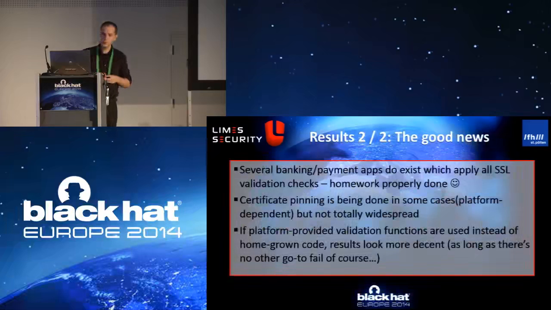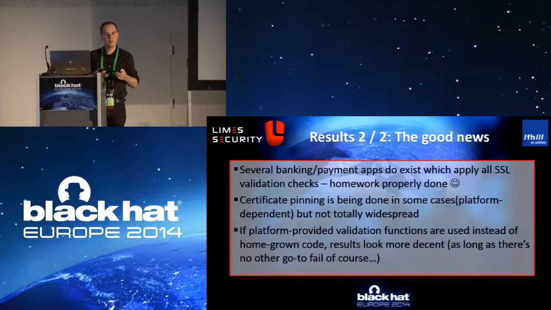The good news, well, luckily several banking payment apps exist which do apply all SSL validation checks as you would expect, so really state-of-the-art, homework probably done, even certificate pinning in place. As I said, in some cases you do find certificate pinning.